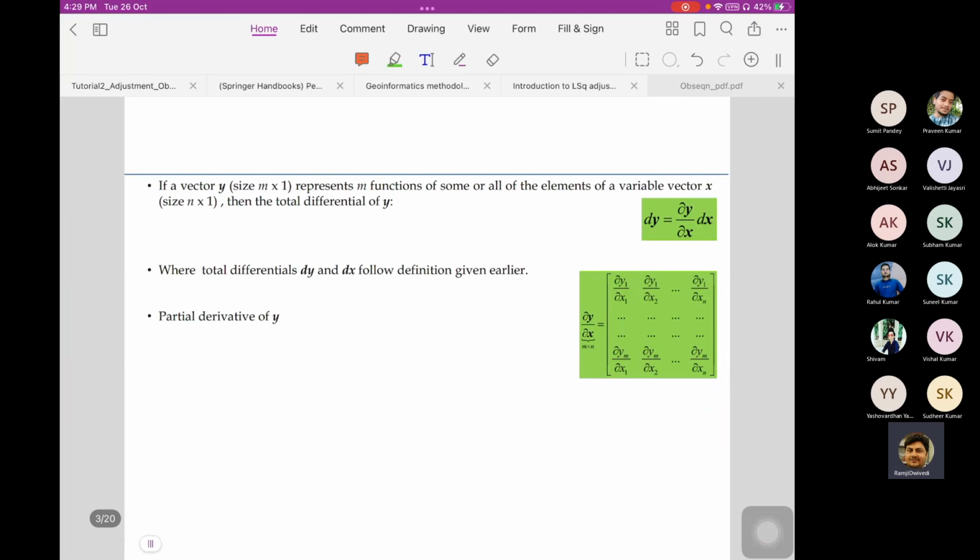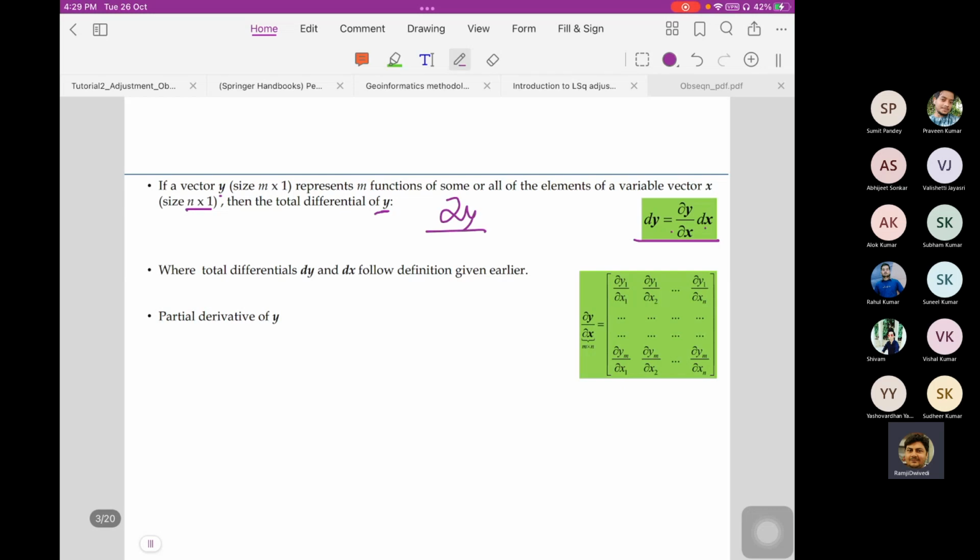Then you have another query. If a vector y, which is m cross 1, represents m functions of some or all of the elements of variable x, size n cross 1, then the total differential of y would be given as the partial derivative times dx. So this you have done in your BTech.